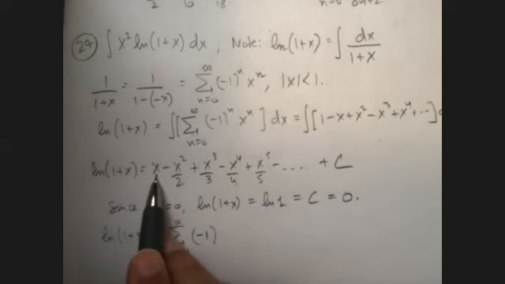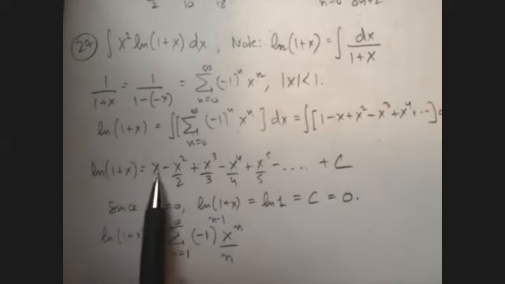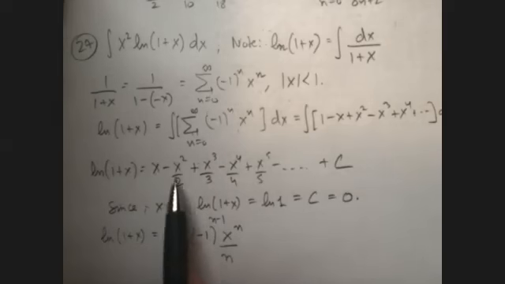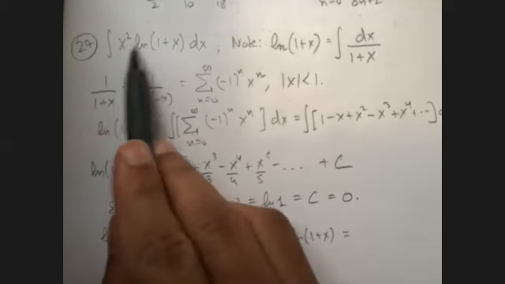The first term is plus x, so with n starting from 1 the term is negative 1 to the n minus 1, x to the n over n. When n is 1, you get x. N equals 2 is negative x squared over 2, and so on. And for x squared times ln 1 plus x, we need x squared.